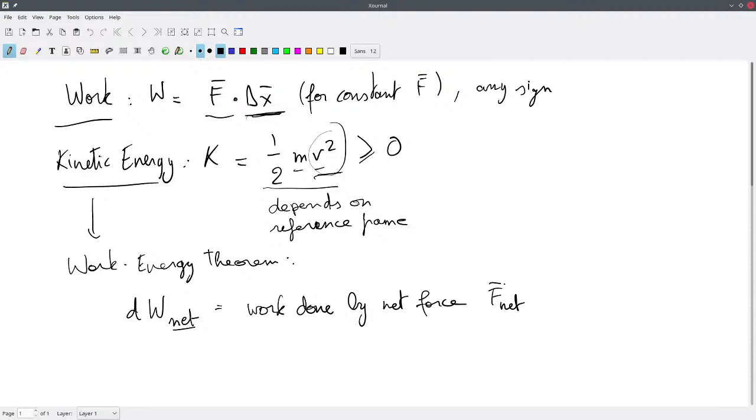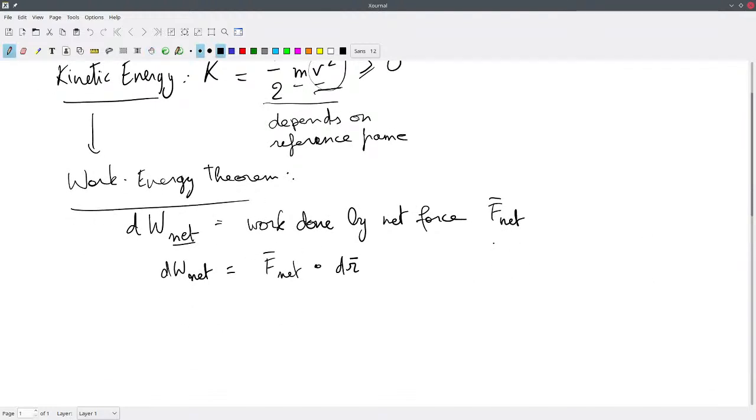But this net force will be something we can construct from all the forces that are playing a role in this particular situation. So that dW net, the infinitesimal net work done by the net force, is, by our definition of work, the net force dotted with the displacement. And since we're talking about infinitesimal amounts, we're going to use displacement dr.